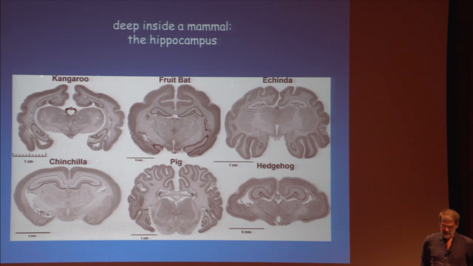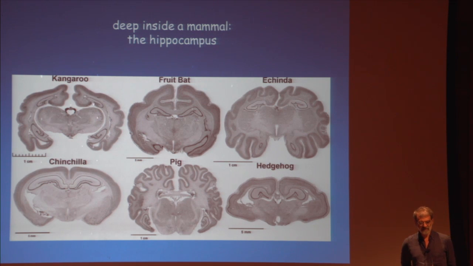Yasser already introduced this fascinating structure inside the brain of mammals, the hippocampus, that you see here in different species. The exact geometry of where it's positioned in the brain varies a lot.